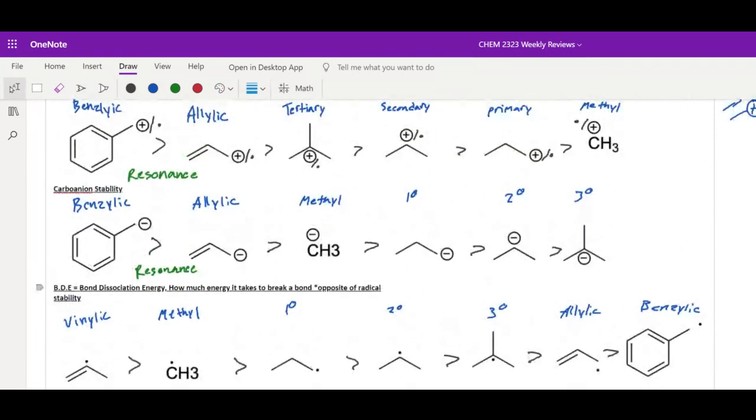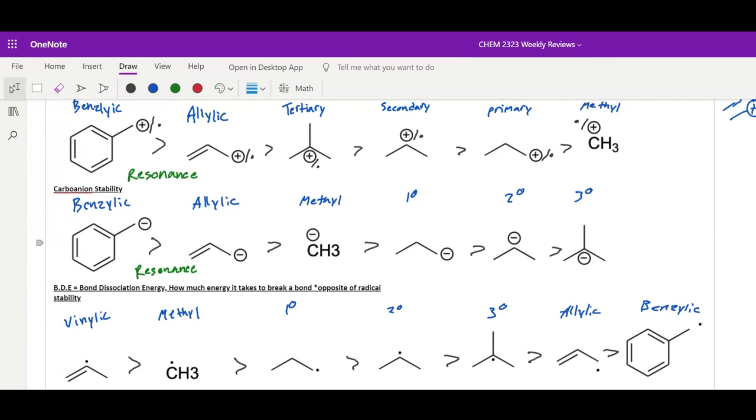So BDE, again, stands for bond dissociation energy, and not the other BDE. It is how much energy it takes to break a bond. So the more stable your bond is, the less energy it requires to break that bond. Okay? And we talked a little bit about this in ranking acids and stability of those structures.